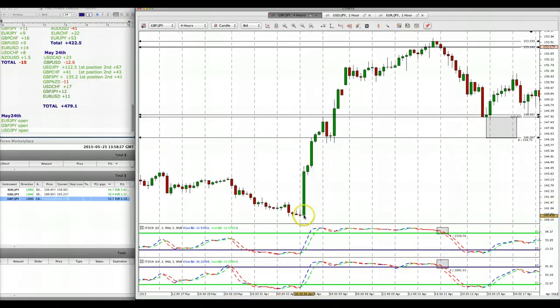Now this one here, this is a gift really, because this is based on the BOJ intervention, and this is a news event trade basically.